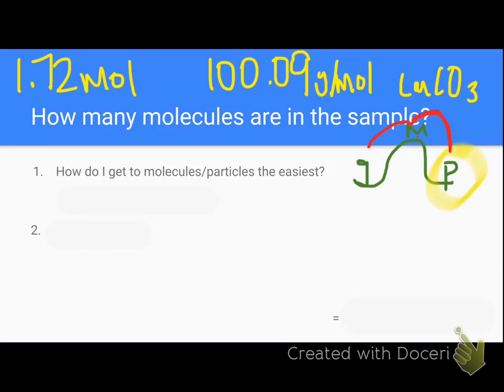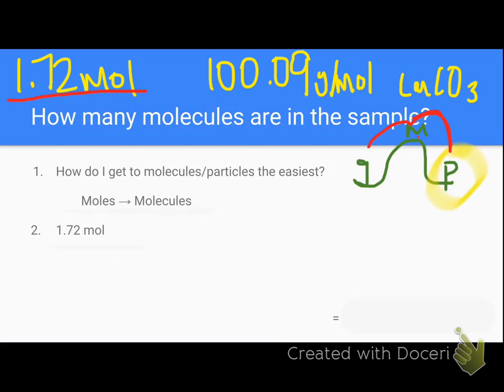Okay, so it's much easier for me to go from moles to particles than go from grams to moles and then to particles. So we know we have 1.72 moles. Remember, molecules and particles are the same thing.